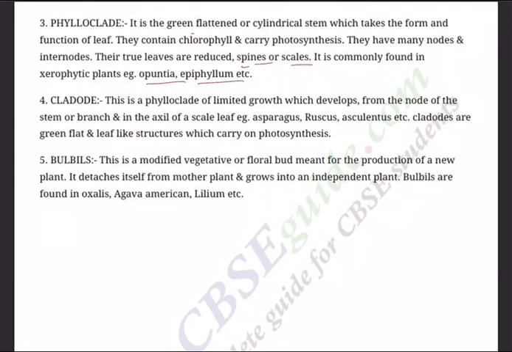Opuntia, Epiphyllum. Next, cladode. This is a phylloclade of limited growth which develops from the node of the stem or branch and in the axil of a scale leaf. Asparagus, Ruscus. Cladodes are green flat leafy structures that carry on photosynthesis.